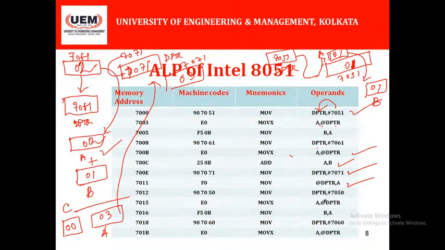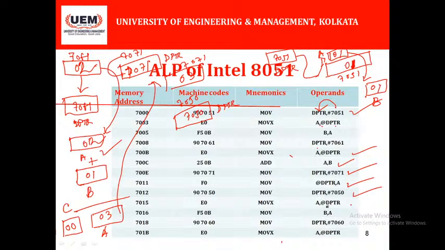Next, MOV DPTR, #7050. What happens is that we are going to transfer 7050 to the DPTR, or data pointer register. Okay, now MOVX A, @DPTR.